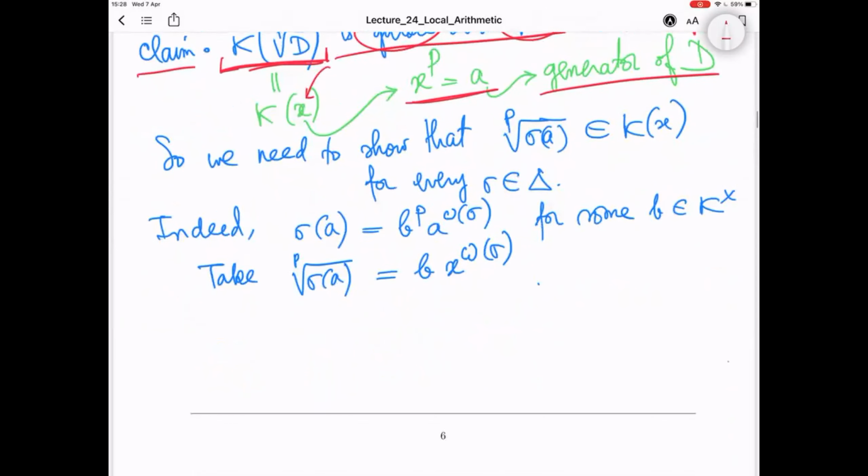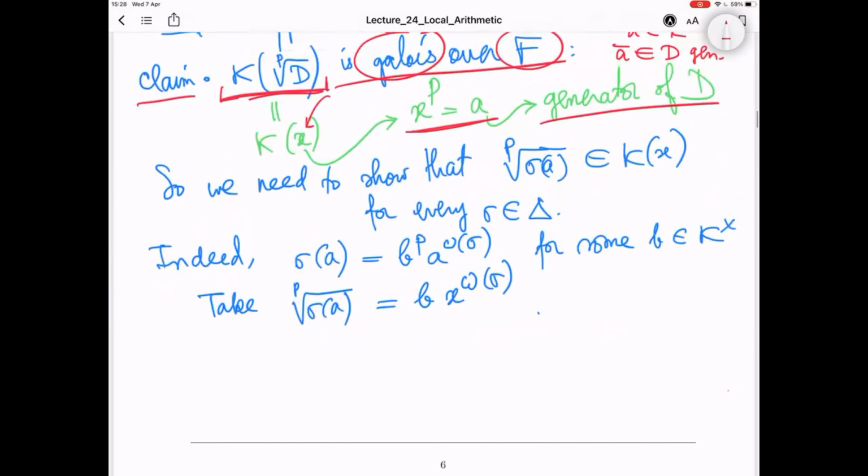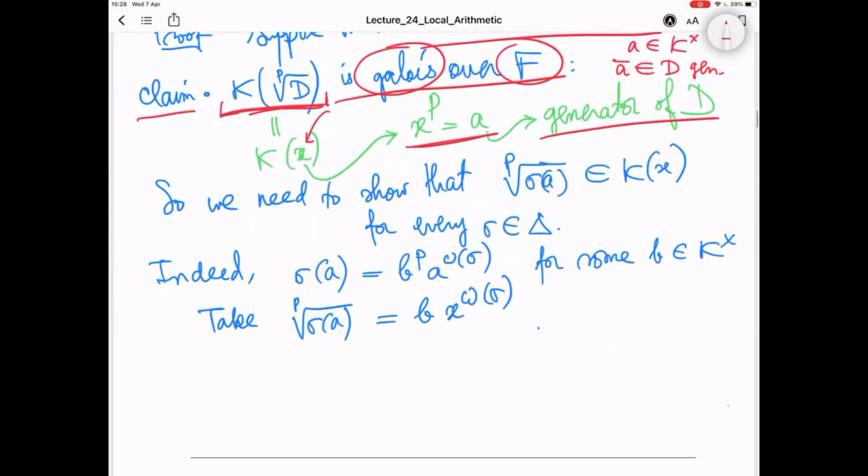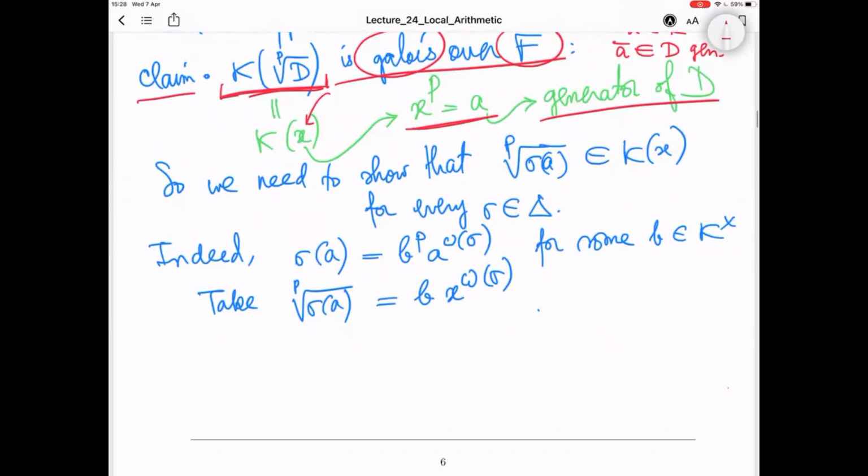Okay, so how do we show that that's Galois over F? Something is Galois over a field if it contains all the conjugates of every element that it contains, right? It's all separable and everything. That's not a problem. So you need to check that it's normal, as it's sometimes called.